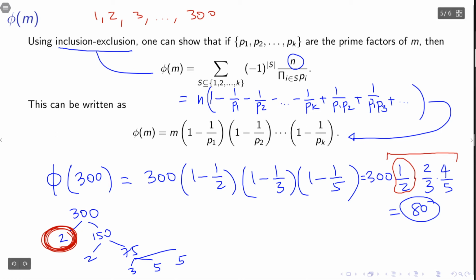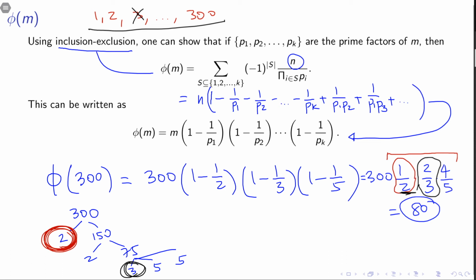Similarly, since it's divisible by 3, when you're going through this list, right, 1, 2, 3, you remove 3. 4, 5, 6, you remove 6. You're removing every third number, which means we're going to be left with roughly 2/3 of what we have after you already remove half of them from 2.